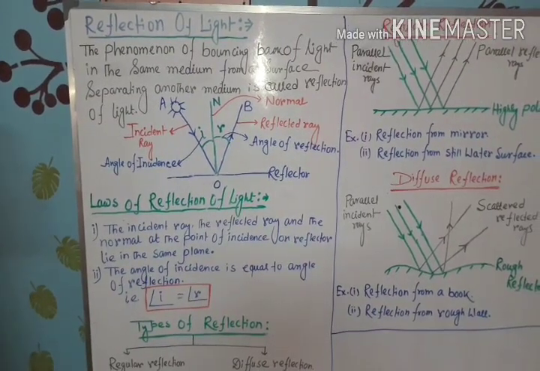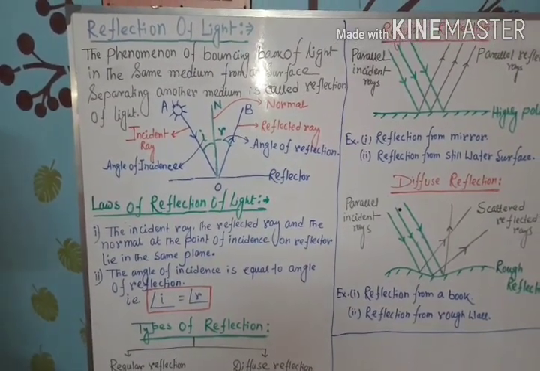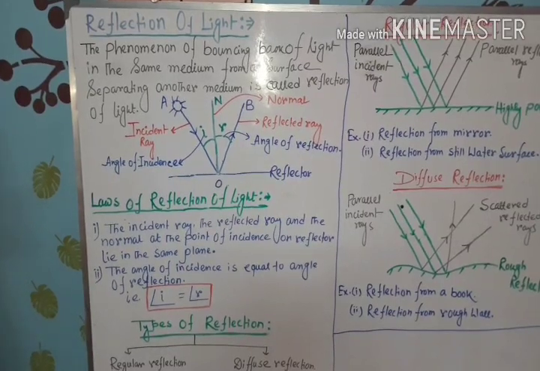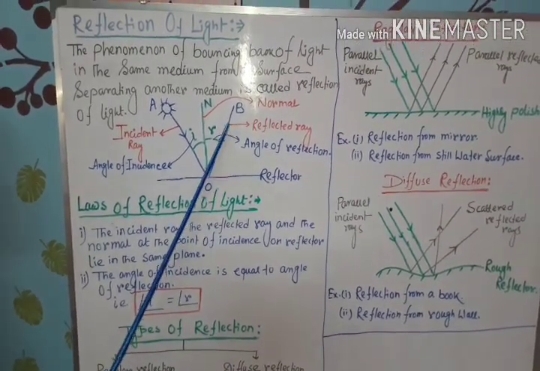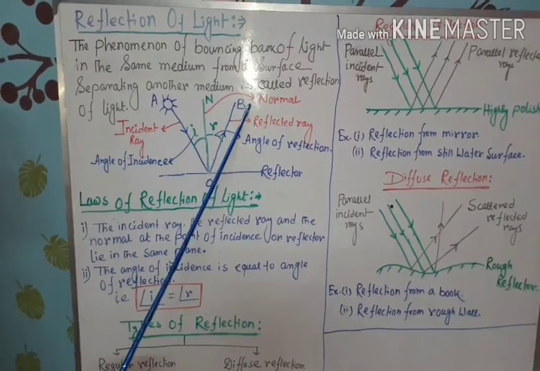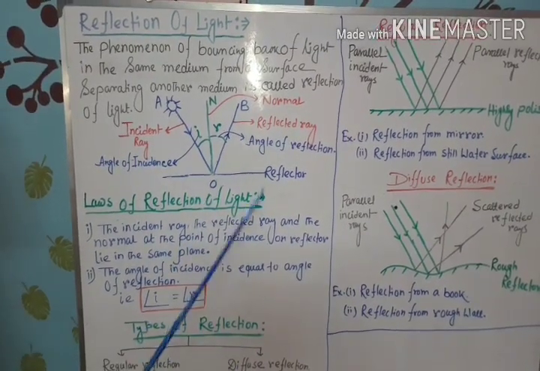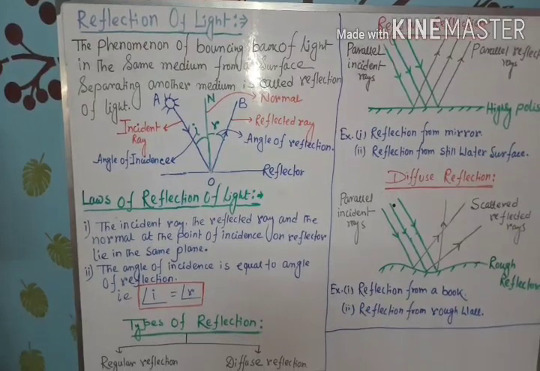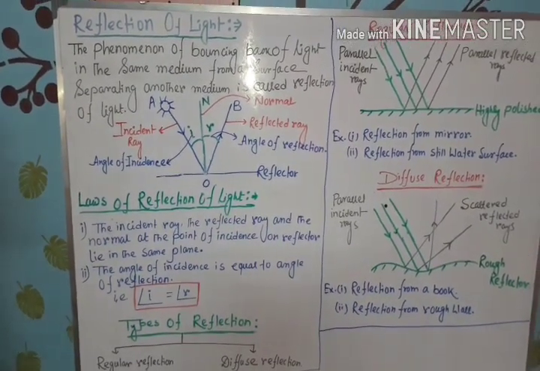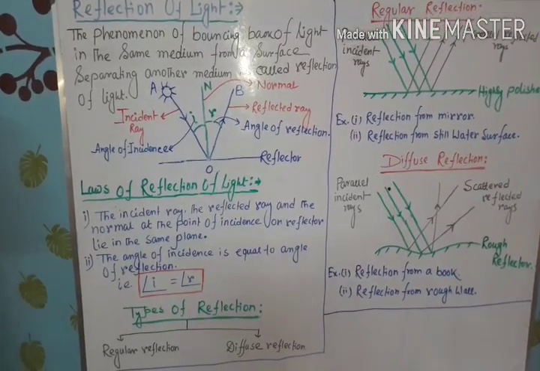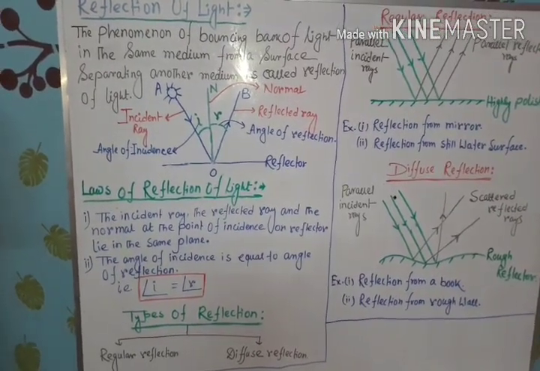Next, reflected ray. The light ray which is bouncing back from the surface is called the reflected ray. According to this diagram, OB is our reflected ray. Next, reflector. The surface from where the light ray bounces back is called the reflector. Next, point of incidence.